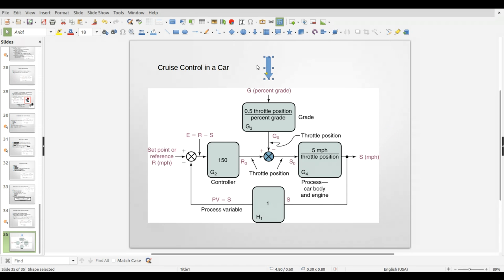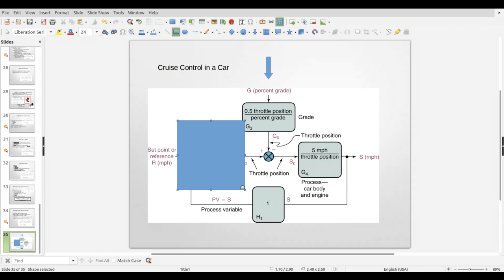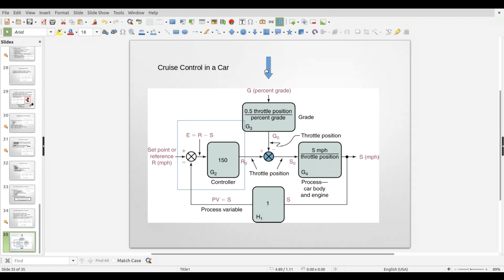So remember, technically, this whole piece here is the controller. So the summing junction is actually inside the controller.